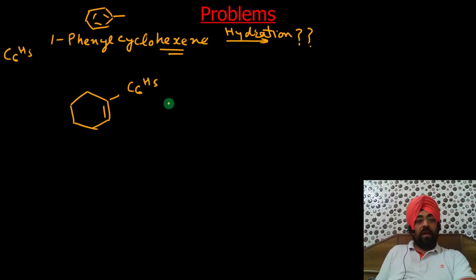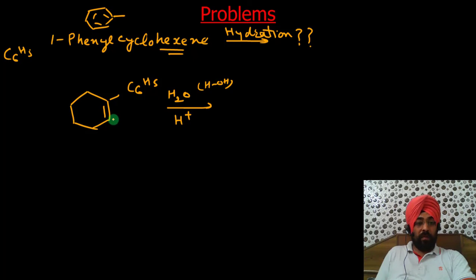C6H5. Now if we do its hydration in acidic conditions, what will happen? We will take the help of Markovnikov's rule. This carbon has no hydrogen, this carbon has one hydrogen. So this H of water will go to that carbon of the double bond which has the higher number of hydrogens.